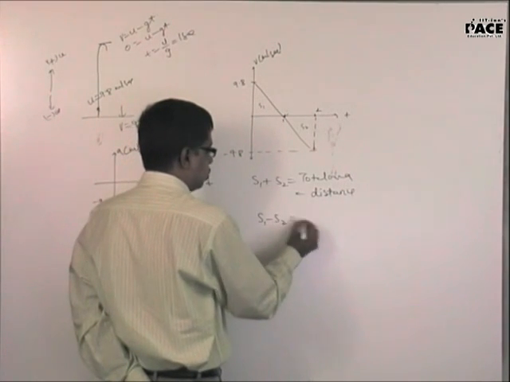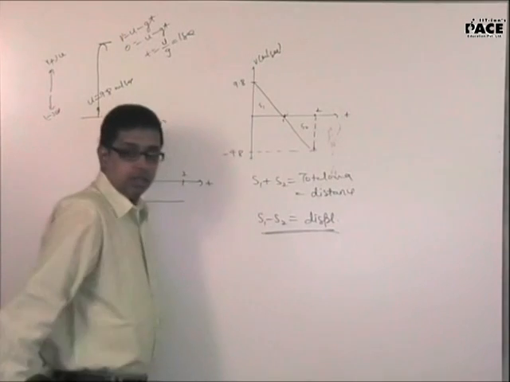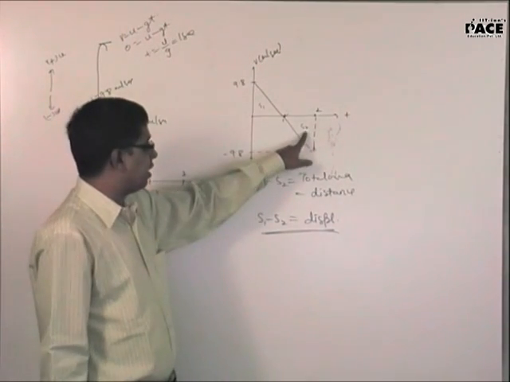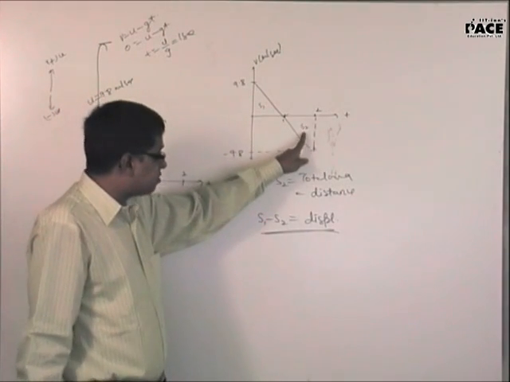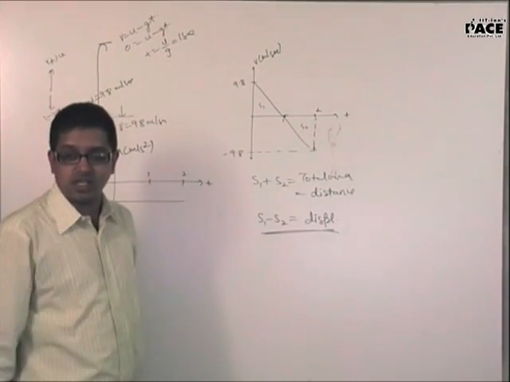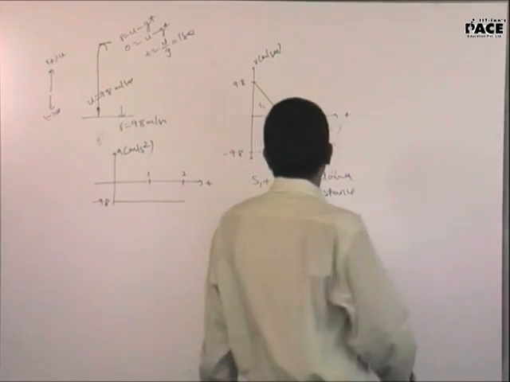S1 minus S2, I will get the displacement. This area minus this area, I will get the displacement. This area plus this area, I will get the total distance travelled. Is that clear? Yes, sir.